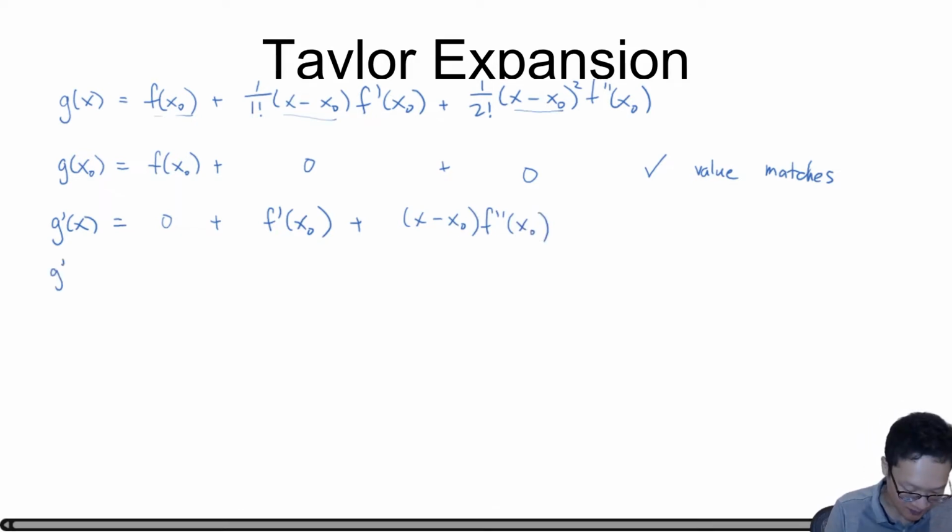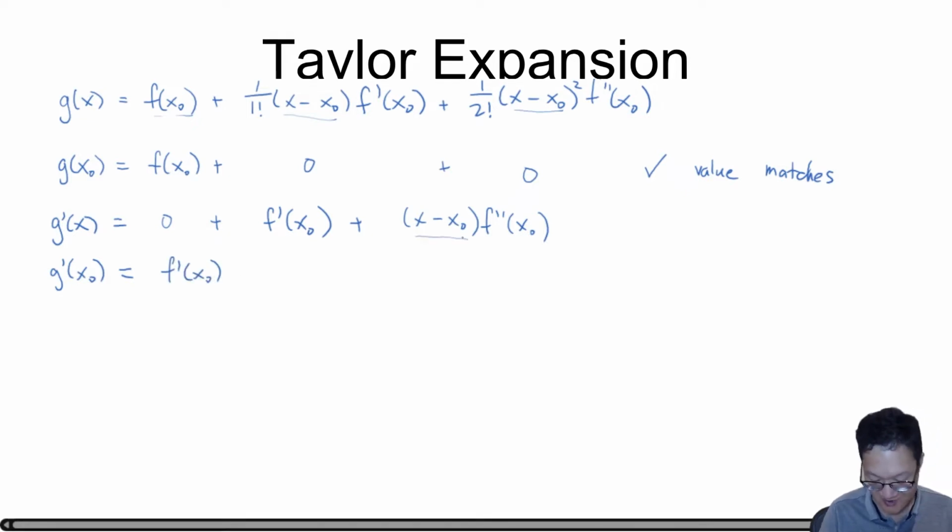Now if you plug x naught into g prime, we simply have f prime of x naught, because the last term still has an x minus x naught, which becomes 0. So the first derivative matches.